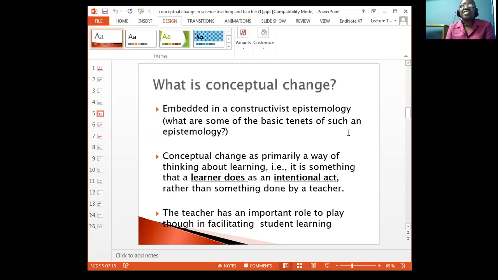The teacher can teach for conceptual change, but the teacher cannot make conceptual change happen. That is in the domain of the learner. So the teacher is there to facilitate. The way in which we teach and interact with the students is what will determine, to some extent, whether or not conceptual change occurs.